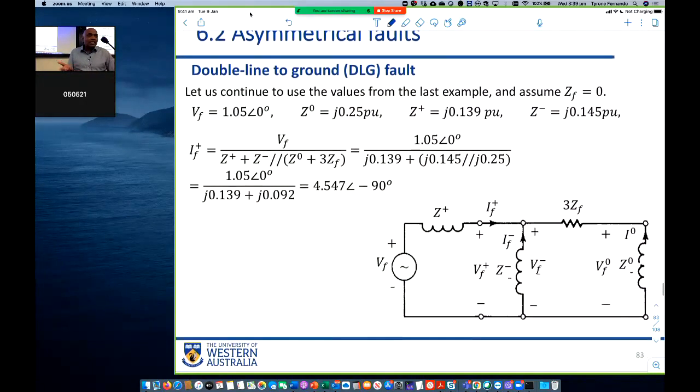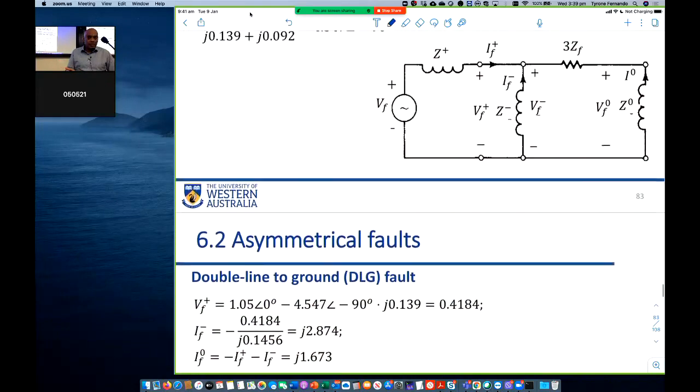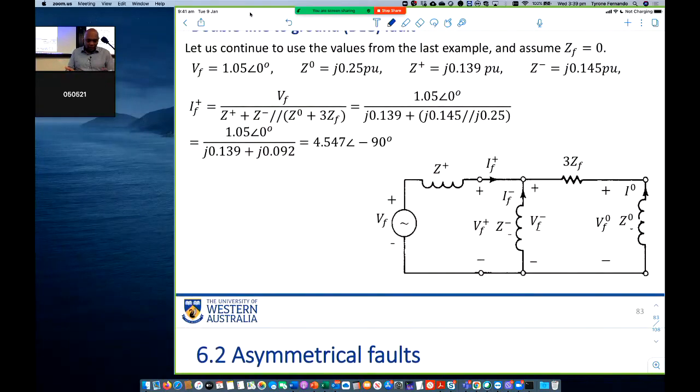Okay, we can do a little example, but I'm not going to bother. The example is: you're given these values, and you calculate these currents, because IF plus flows there, IF naught flows there, IF minus flows there.